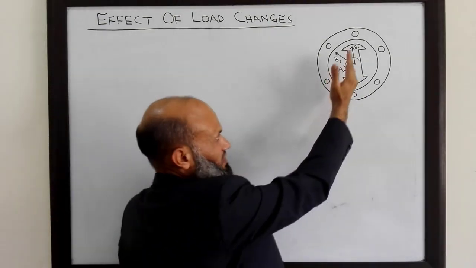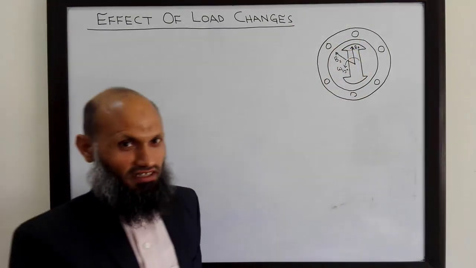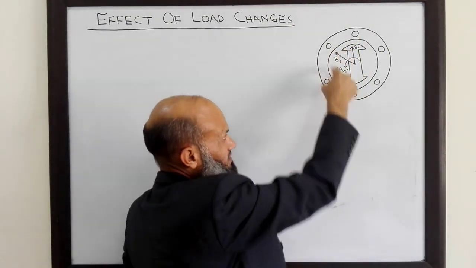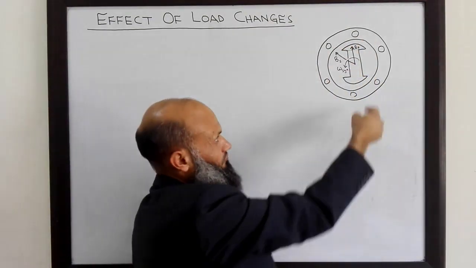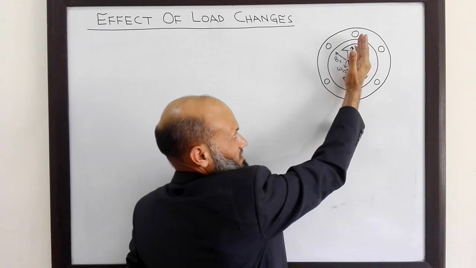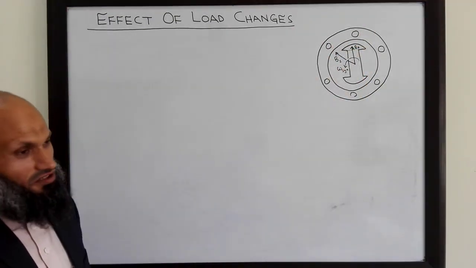This induced torque tends to align both the magnetic fields. Since Bs is rotating with synchronous speed, Br will chase this magnetic field. That is, the rotor will also start rotating with the synchronous speed.